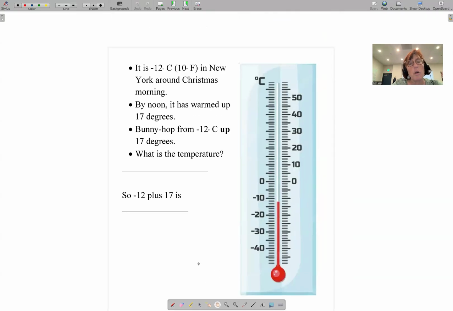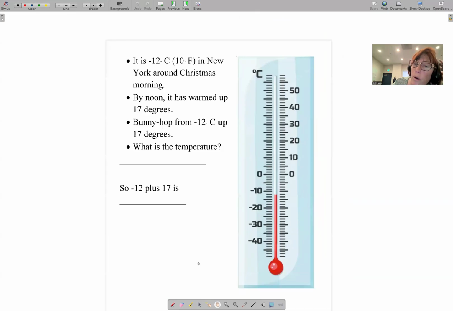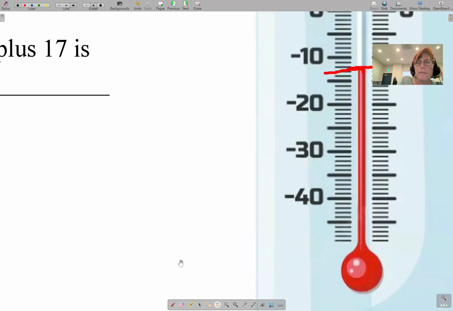It is negative 12 degrees in New York around Christmas morning. So we're at negative 12. And by noon, it's going to warm up 17 degrees. So we're going to bunny hop up 17.